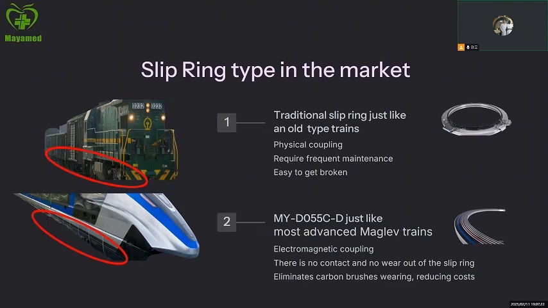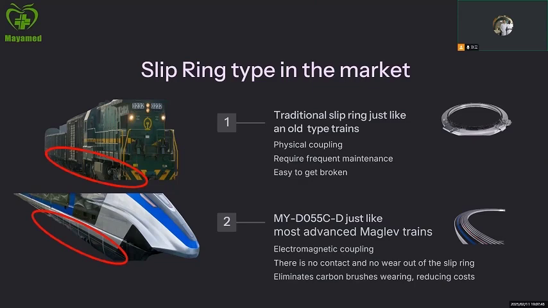And we can see the traditional slip ring is just like an old type of train. It has a physical coupling. It requires frequent maintenance and it is easy to break, as we can see in the images on the right. But in our CT scanner, it's just like the most advanced maglev train.